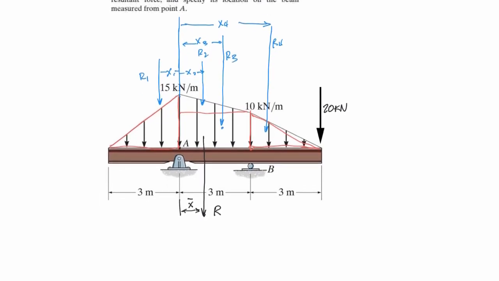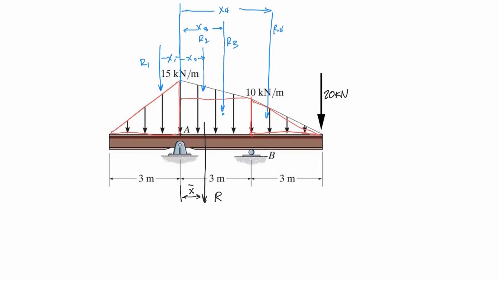First of all, I think I can get rid of that now, and let's talk about the individual resultants. So R1 is going to be equal to, because this is a triangle load, 1/2 BH. So that's 1/2, the base being 3. This is the base of that triangle, and the height is 15 kilonewtons.